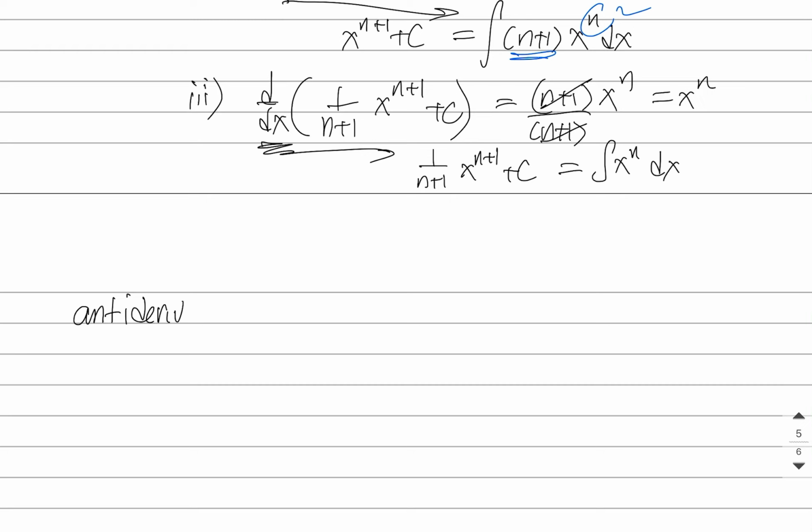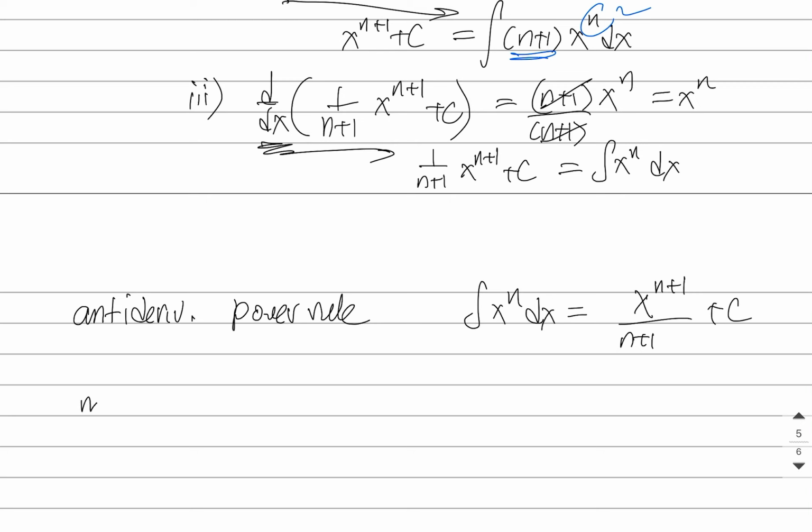This is the antiderivative power rule. The antiderivative of a power, all I do is change a power rule in reverse. I take the power, I increase it by 1, and rather than multiplying by n, I divide by n plus 1, and I add the constant.